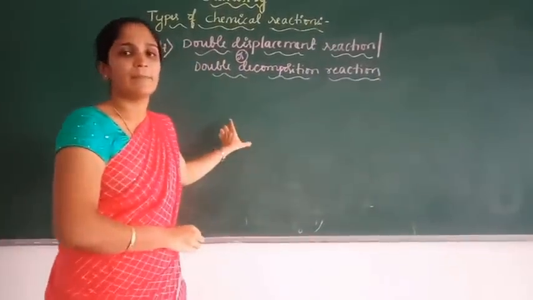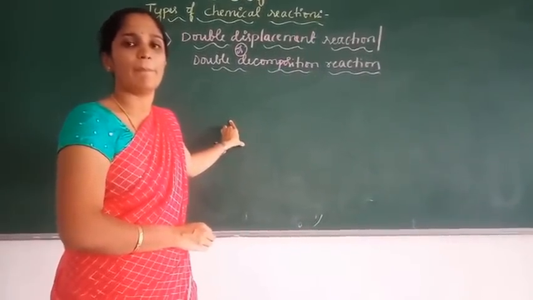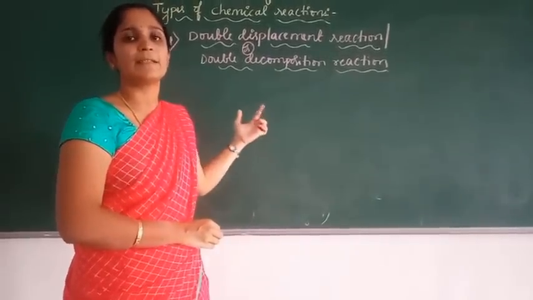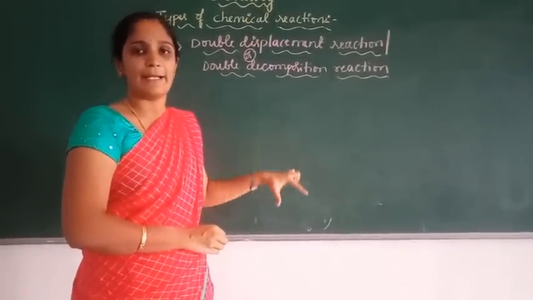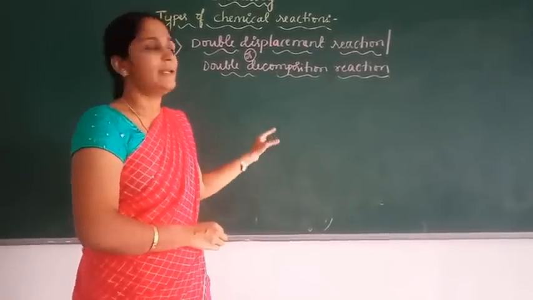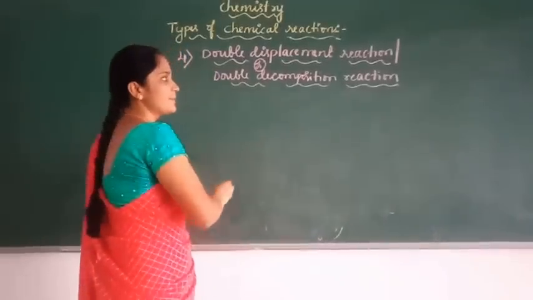It is a chemical reaction in which two or more compounds in their aqueous state can exchange their ions or radicals to form new substances. So what is a double displacement reaction?